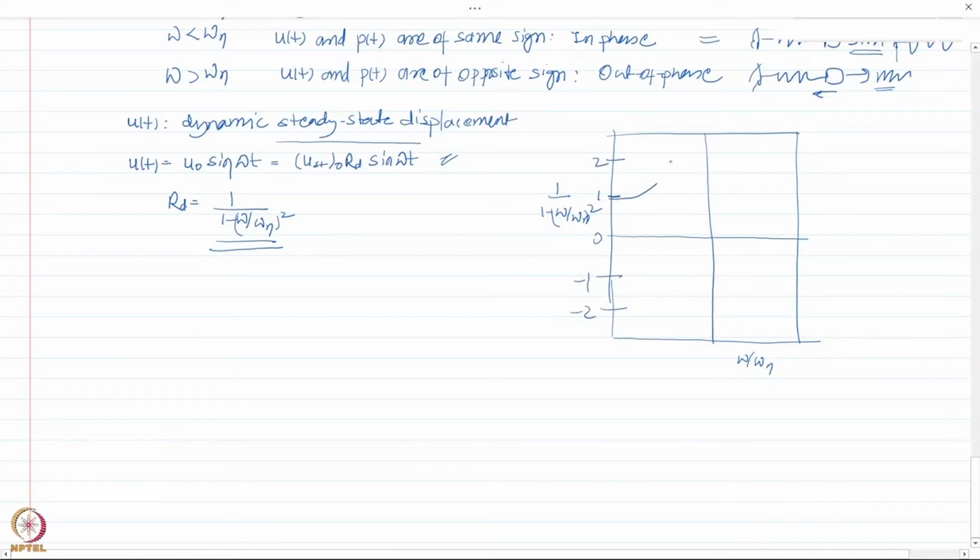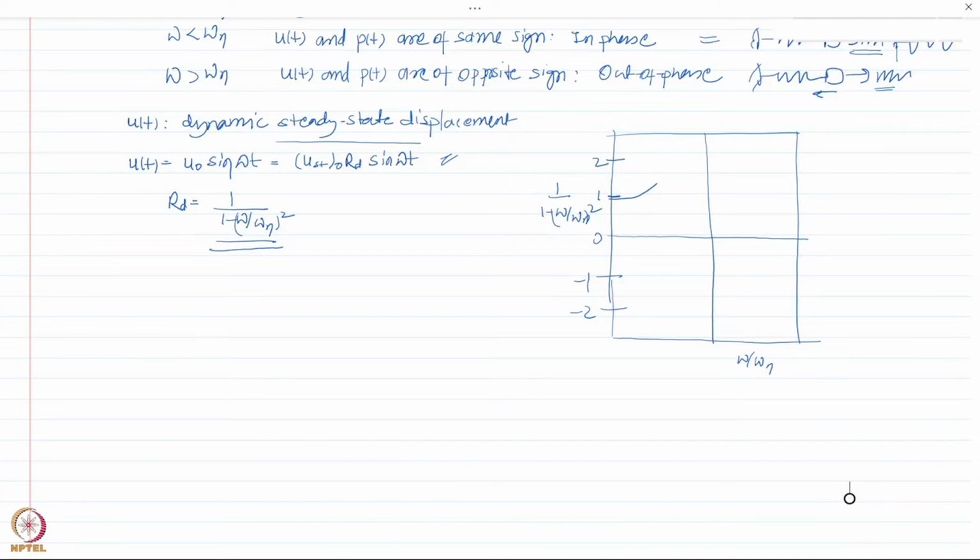As I increase the value of omega by omega n, the value of the ratio rd increases, because the denominator decreases, so the overall rd, the inverse of that value, would increase. So it increases something like that.